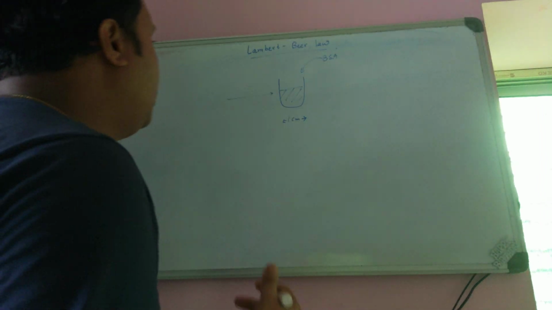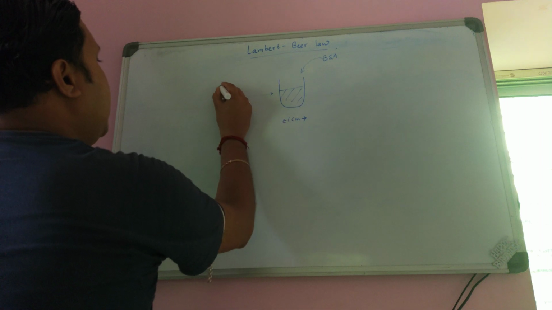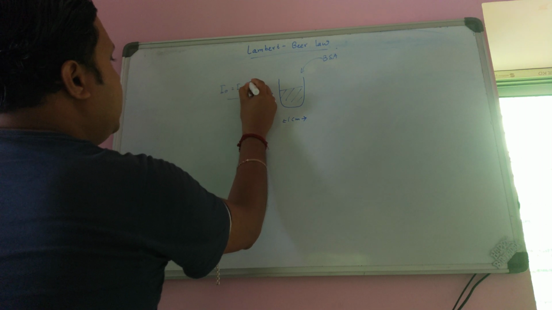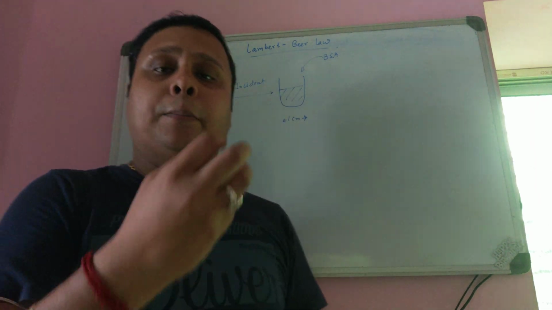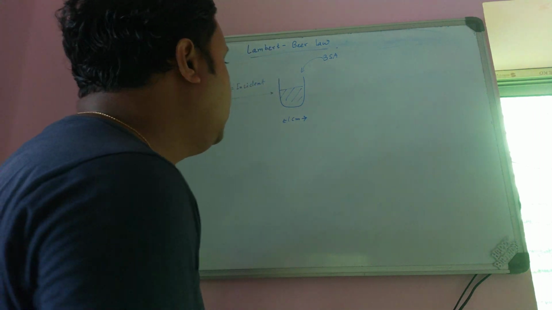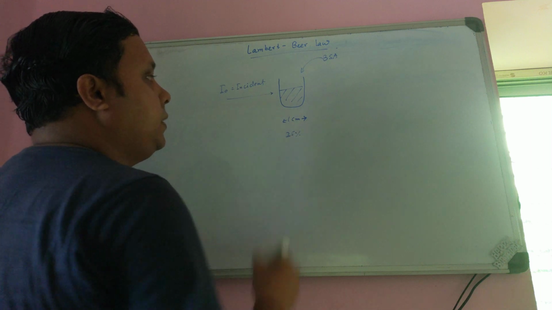So when we are passing a light, that is the incident light, if we say the incident light is I0, the sample will definitely absorb some amount of light. Say it is absorbing 25% of the incident light.